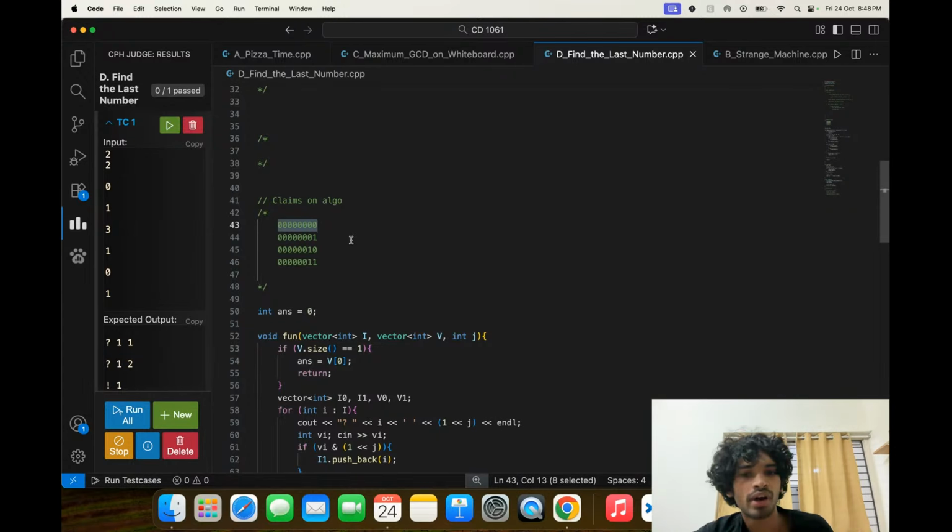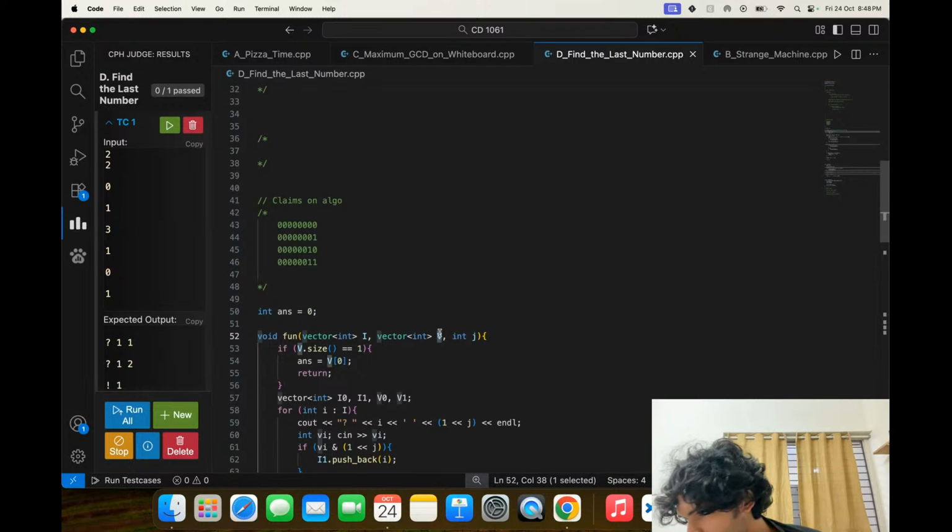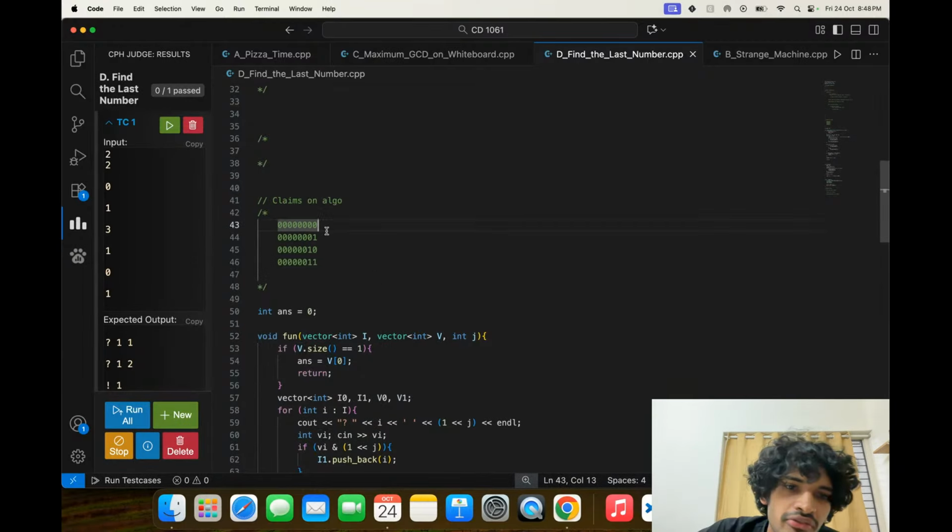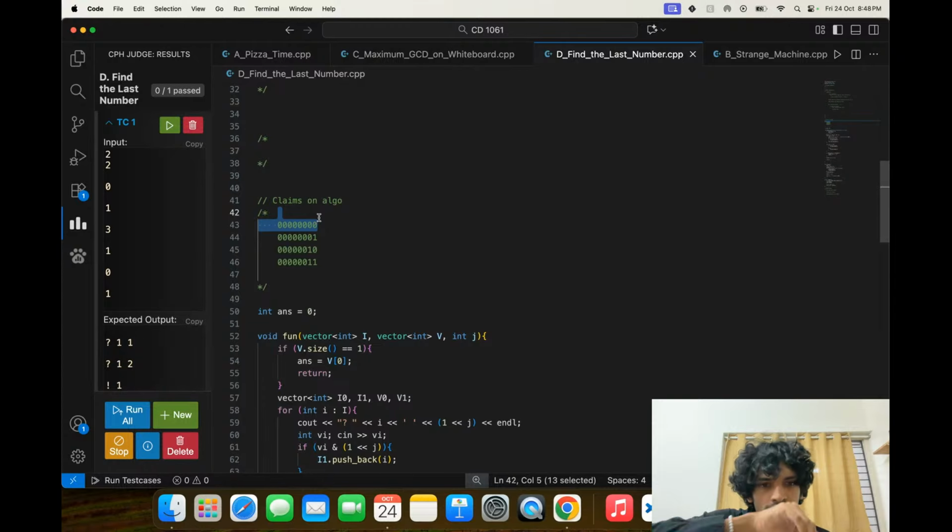What I have done would have worked if V is slightly different. Okay, if it is starting from 1, then what? If it is starting from 1, how would it differ?